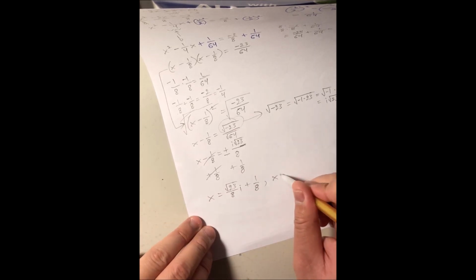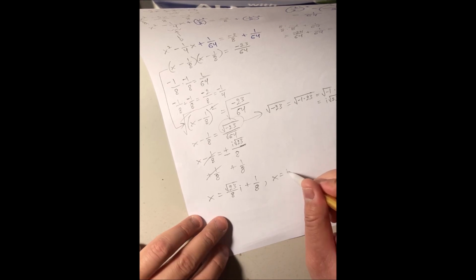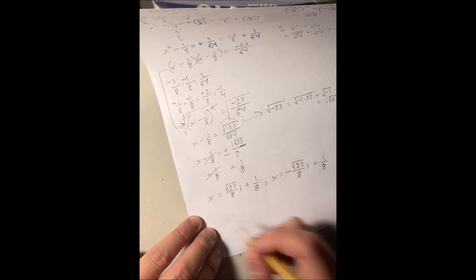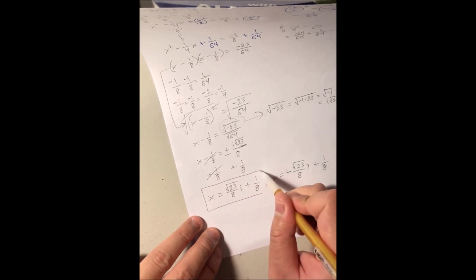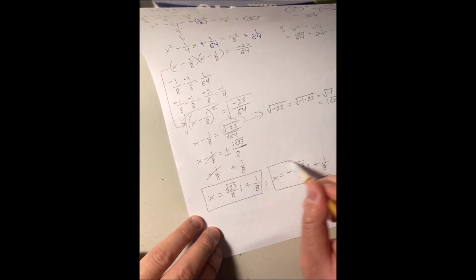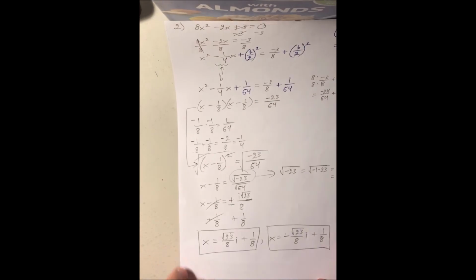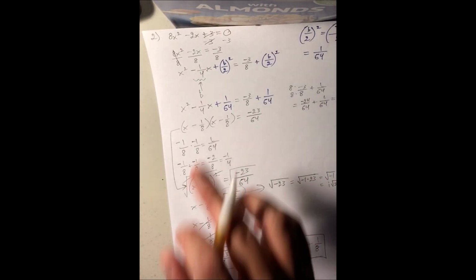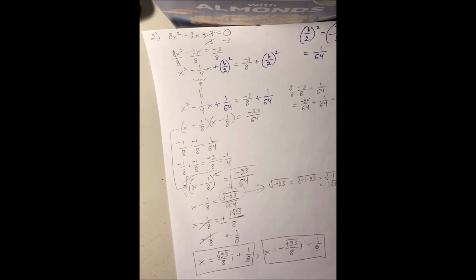And then we're going to have x equals negative square root of 23 over 8 times i, and then plus 1 over 8. And you guys can go ahead and check to see if these two are really the imaginary solutions of this equation. But yeah, this is how we complete the square to solve for quadratic equations.